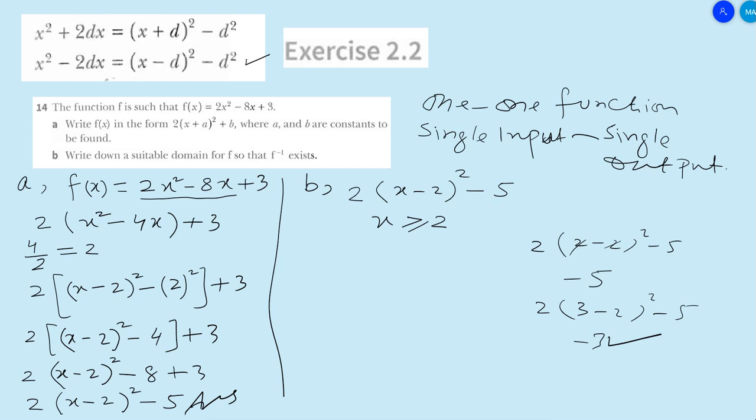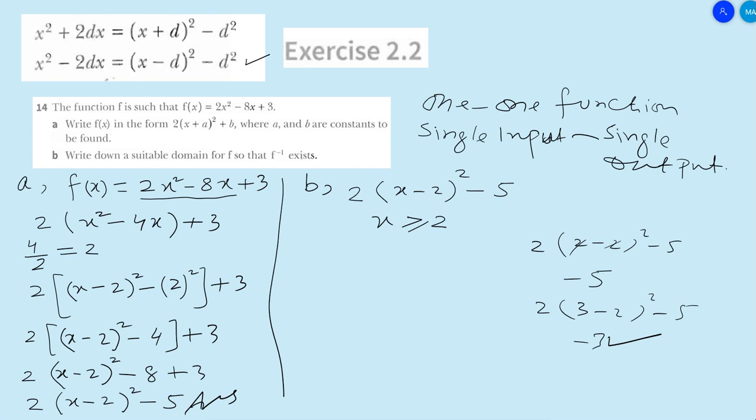But if we put the value of x below 2, or less than 2, the function will no more be 1-1. So in order to keep the function 1-1, the domain of the function must be x greater than or equal to 2.